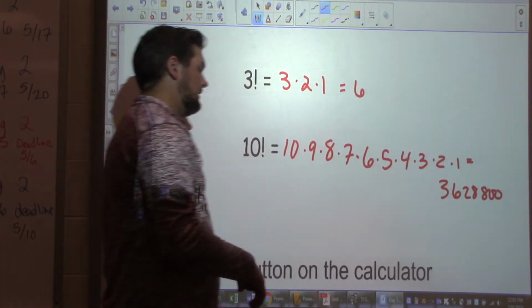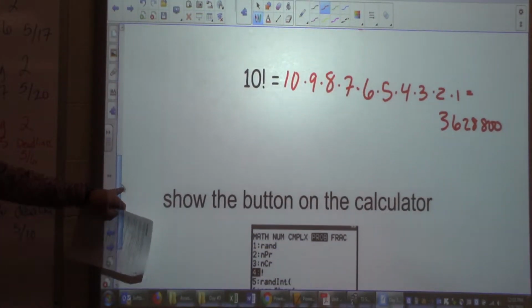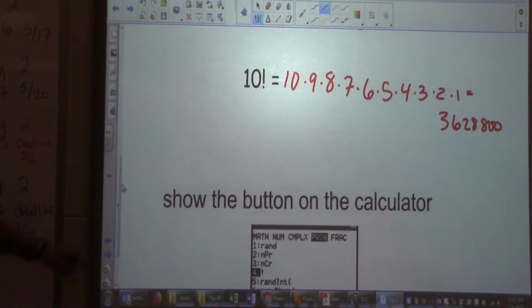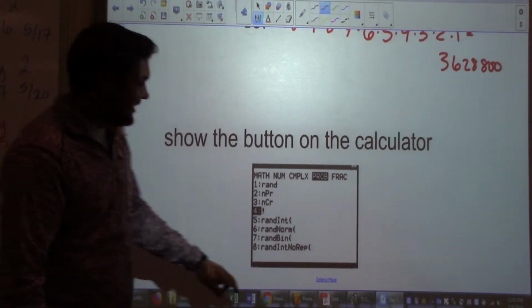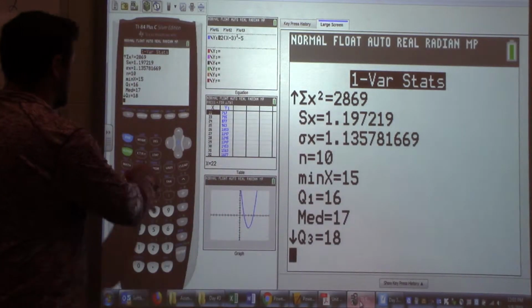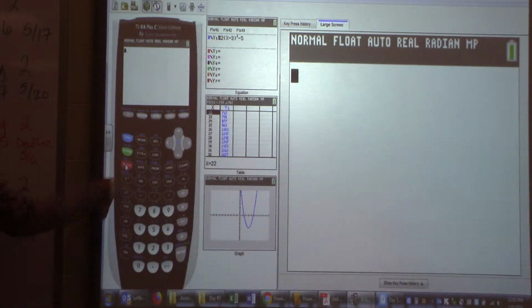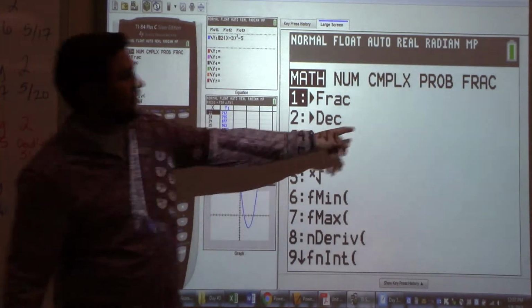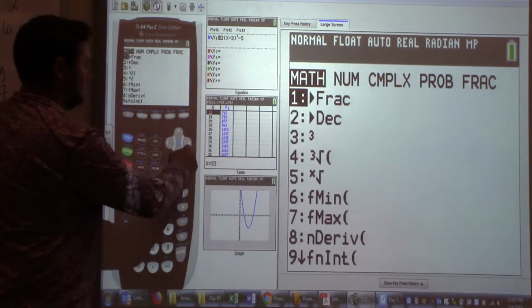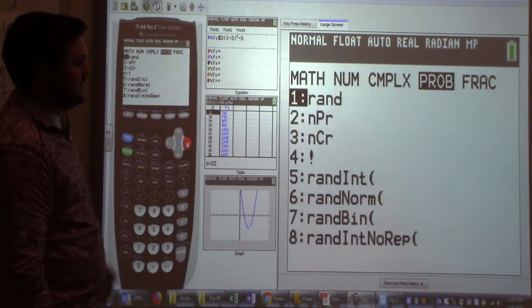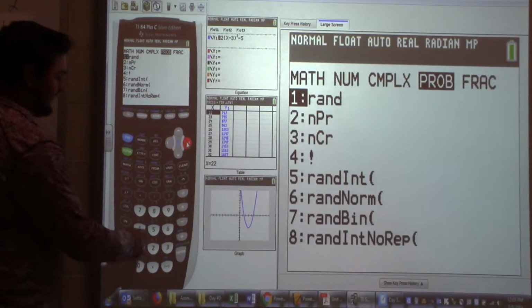Now, instead of having to type all that out, there is actually a button on your calculator. If you hit the math button, you go over to probability, P-R-O-B, the fourth one down is a factorial.